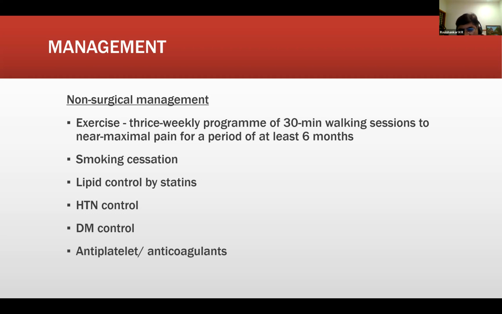What about warfarin or the newer anticoagulants, rivaroxaban and all that? Silence again. Sanya, what is the role of warfarin or the newer anticoagulants?